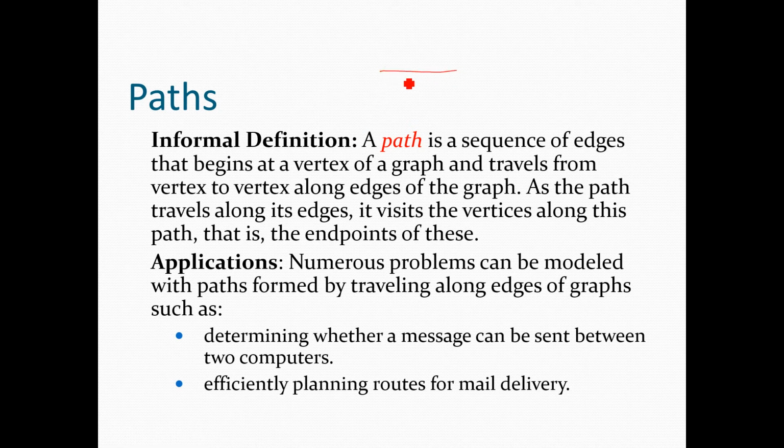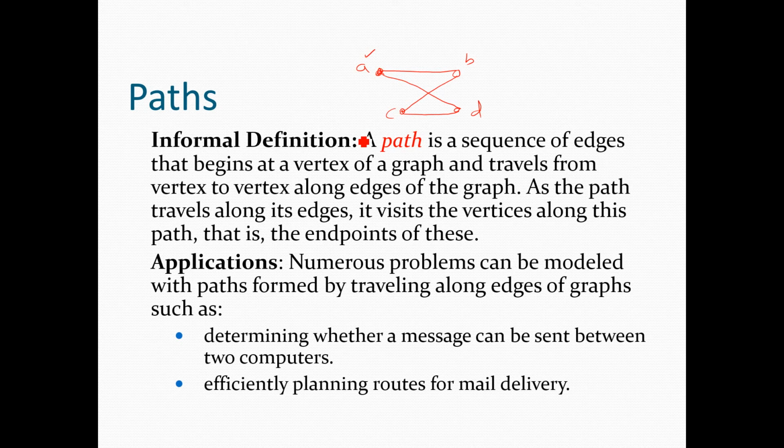So if we have a graph like this, this is a vertex, this is a vertex, similarly we have this and this and this. So this is A, B, C, D for example. So a path is a sequence of edges that begins at a vertex. Of course, we have to begin with a vertex.